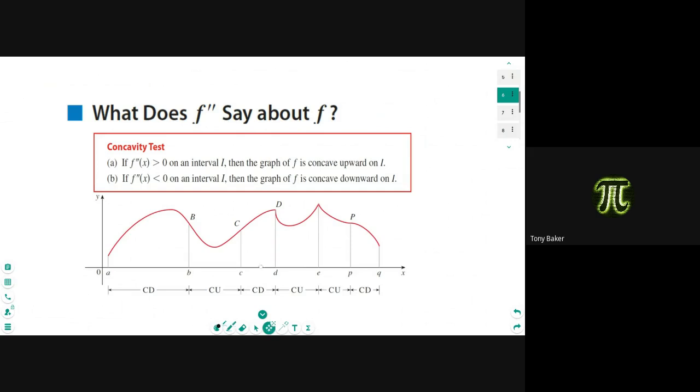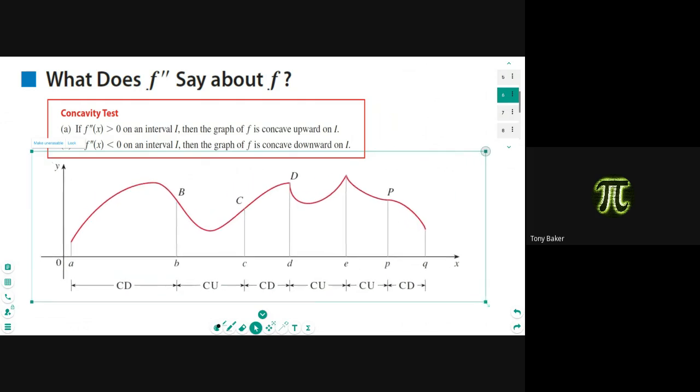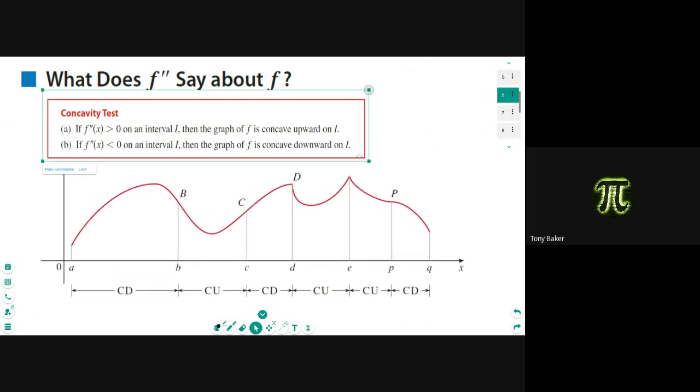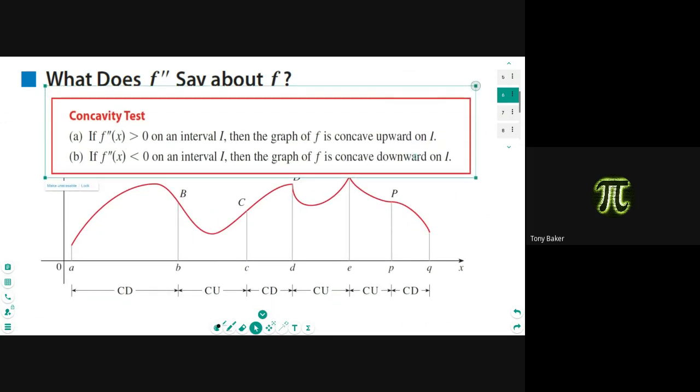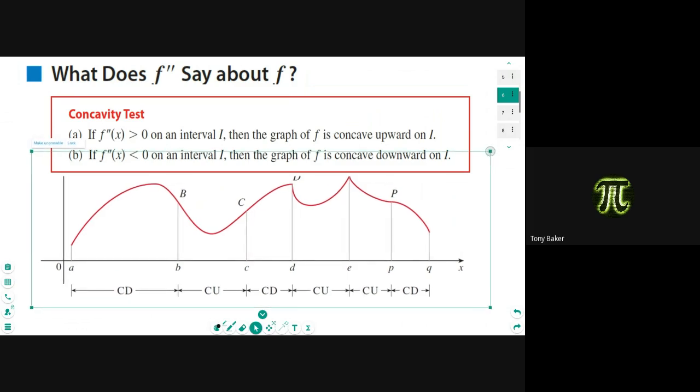All right, the second derivative test. So the second derivative tells you concavity. So concavity is telling you basically how the curve is going.